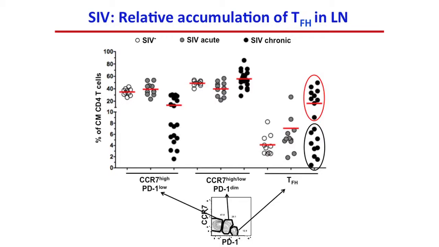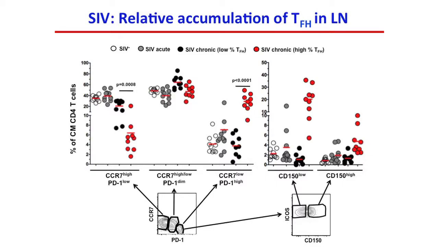And what you can see is about half the monkeys are very similar in terms of their percentage of T follicular helper cells to uninfected monkeys, but about half of them actually have relative accumulation of T follicular helper cells. So we can just show that again here, where now in red you have the monkeys that have high percentage of T follicular helper cells, and in black those that have a normal percentage of T follicular helper cells.